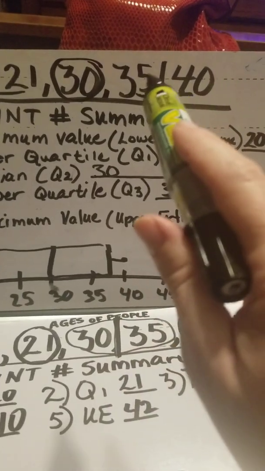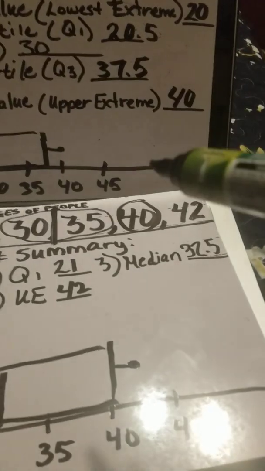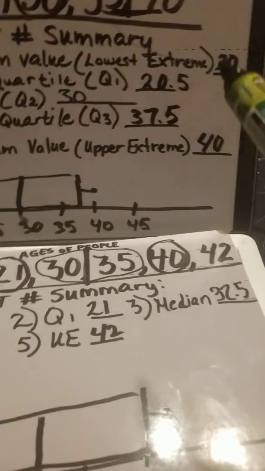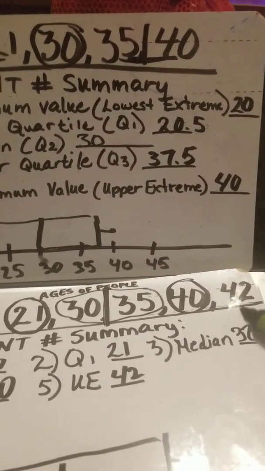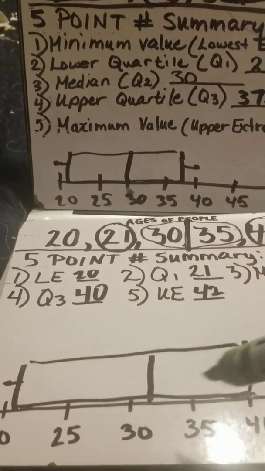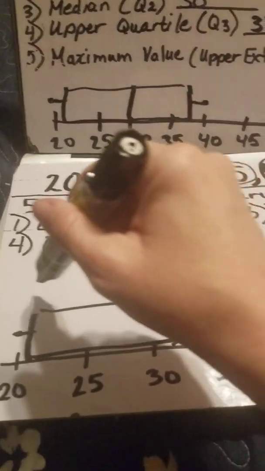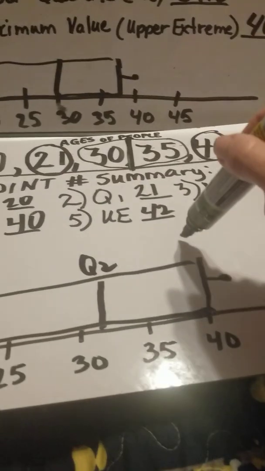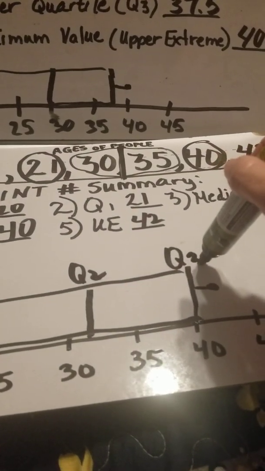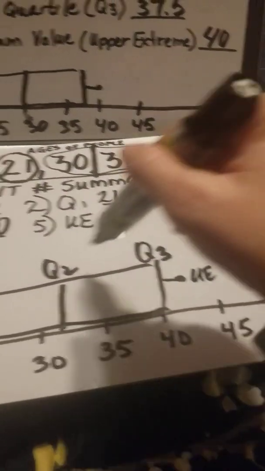That's your upper median, which in this case I only had 2 numbers, but in that case I had 3 numbers. And then your maximum value, which is also known as your upper extreme value. Then you have to draw it on a number line, and your number line has to have equal intervals. This is Q1. This is the median, or Q2. This is the upper median, or Q3. This is your upper extreme value and your lowest extreme value.